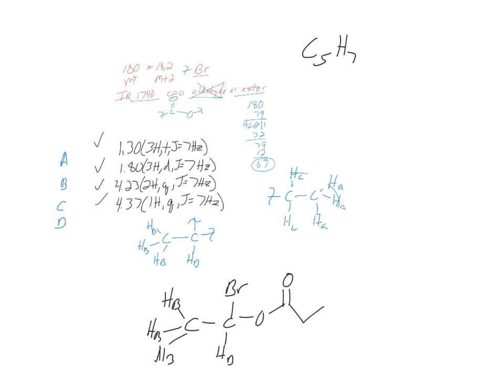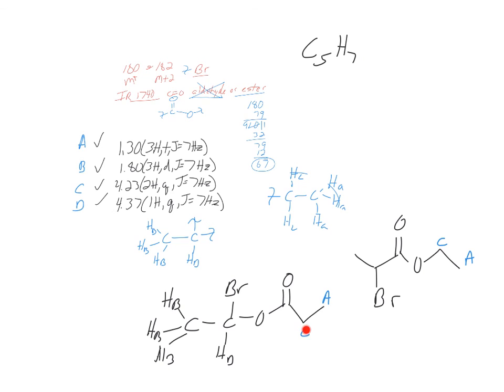That's one way you could do it. Or you could do it where here's your ester, like that. Now, which one makes sense with the frequencies we have? Your 2 options essentially are flipping around the ester.